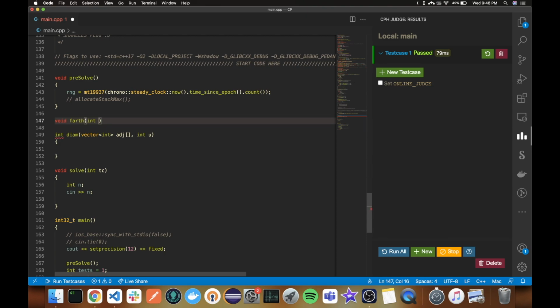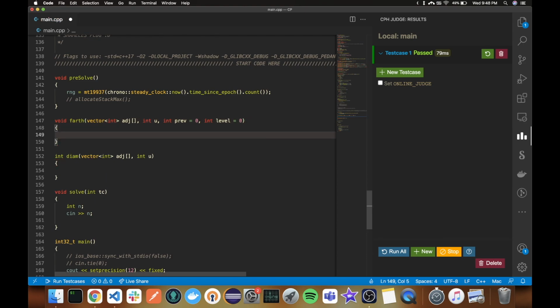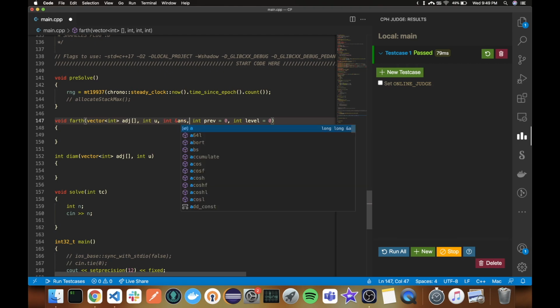Let's do this. Adjacency, new integer previous, and level. And I'm also gonna have something called answer.